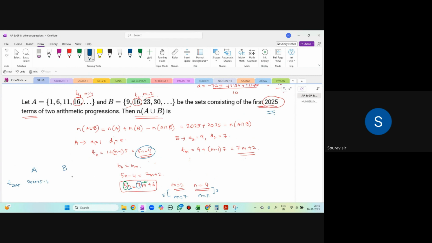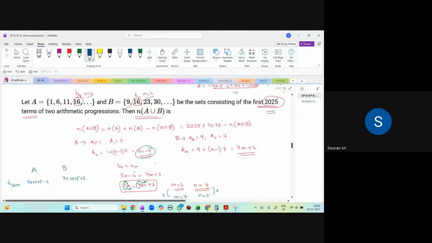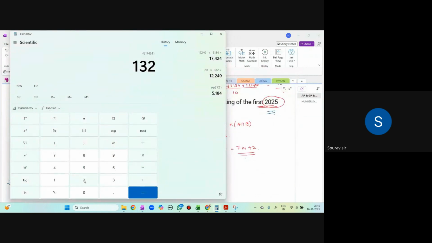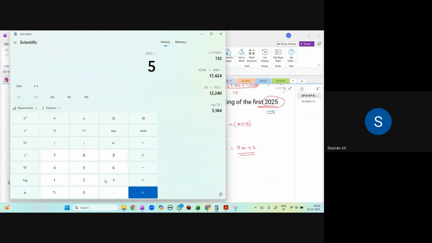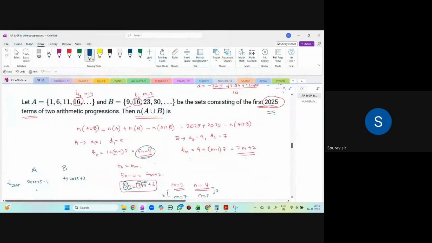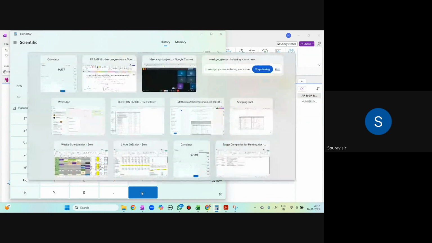And for the second series, that would be 7 into 2025 plus 2. 2025 into 5 minus 4 is 10121. And this will be more than that: 2025 into 7 plus 2 is 14177.